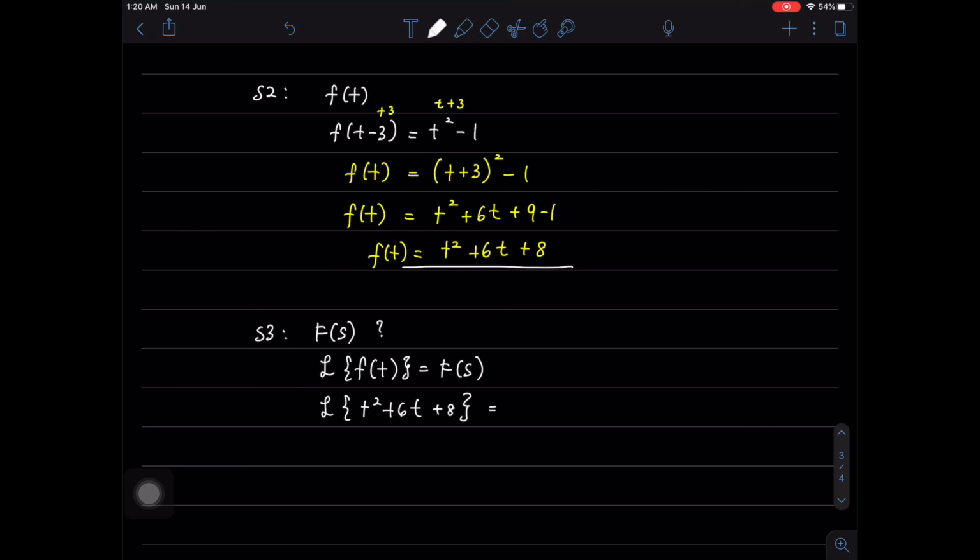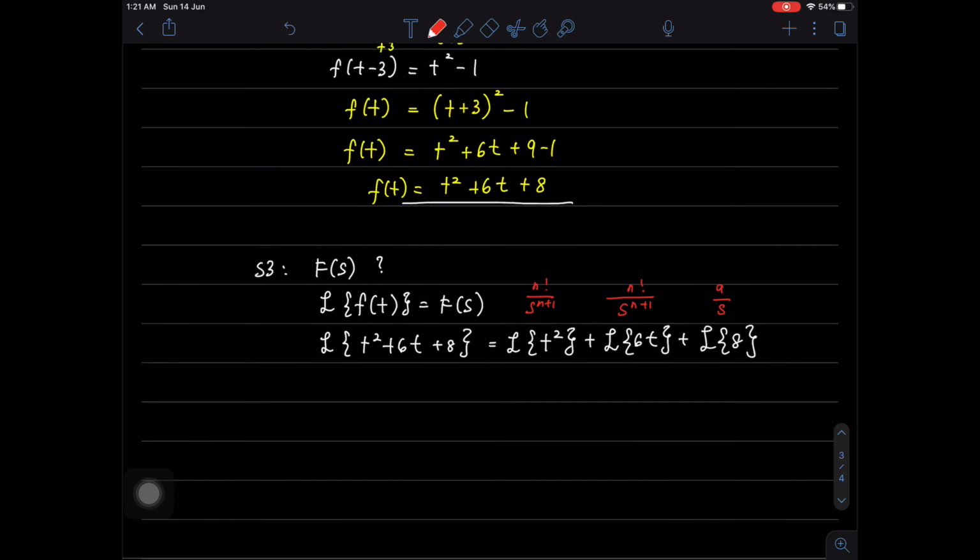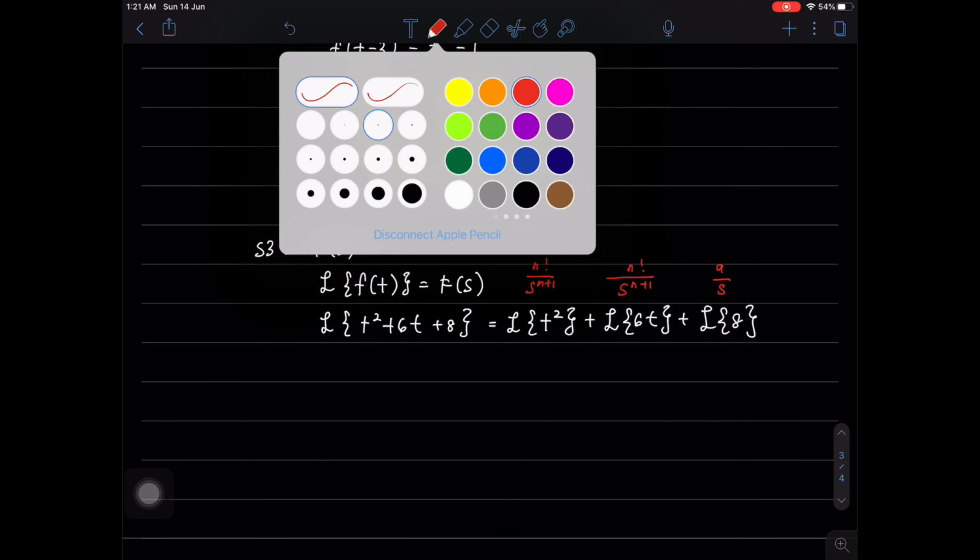By using the linear property, it can be written as the Laplace transformation of t² plus the Laplace transformation of 6t plus the Laplace transformation of 8. For the first two you use the formula n factorial over s^(n+1), and for the constant a, the Laplace transformation is a over s.